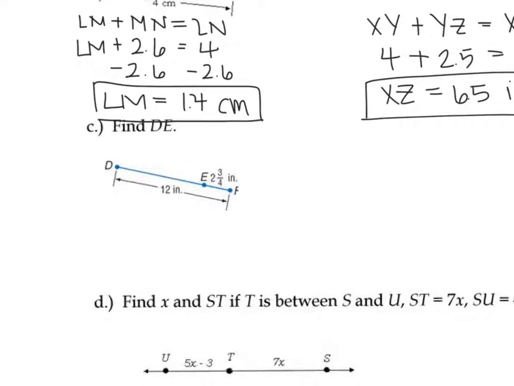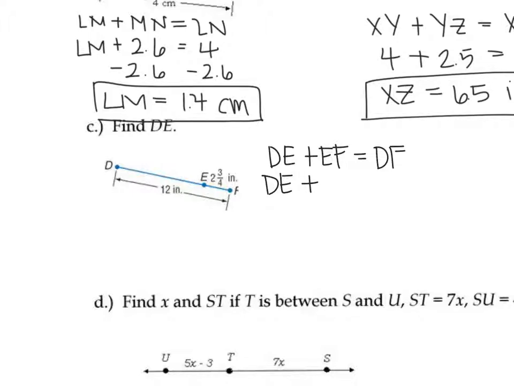And then our last example is to find the length of DE. When we set up our equation, we have that DE plus EF is going to equal DF. DE is what we're trying to find, so we're going to leave that alone. EF is 2 3/4 inches.